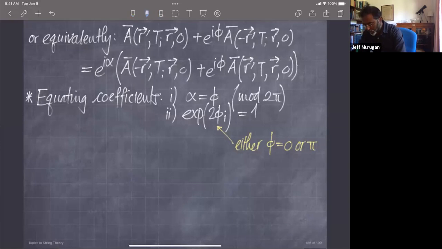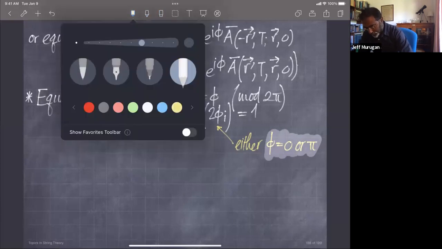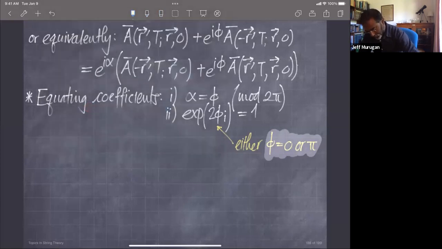Okay, so this is important. Why? Now we can assign some interpretation to this story. So if phi equals 0, let's take the phi equals 0 case first. Phi equals 0, then the following is true.